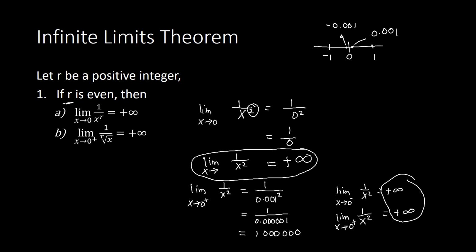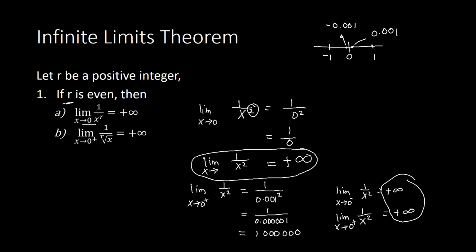For every r which is even, you've got similar limits from the left and right hand, which is a positive infinity. So regardless of whether you've got a positive or negative x, as long as your r is even, we've got only one answer, and that's a positive infinity.